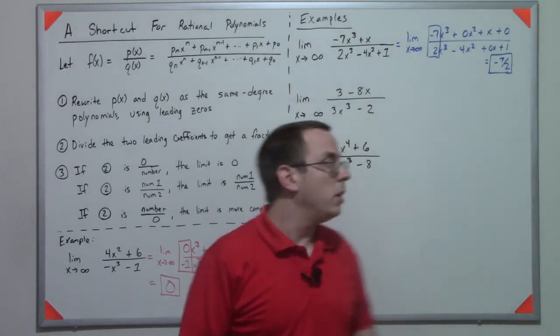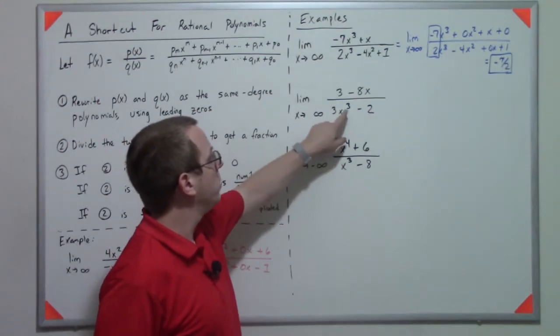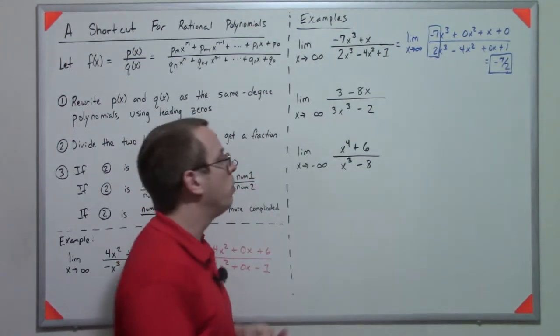The next one is here. This limit goes to positive infinity, 3 minus 8x over 3x cubed. Okay, so x cubed is the largest one here.